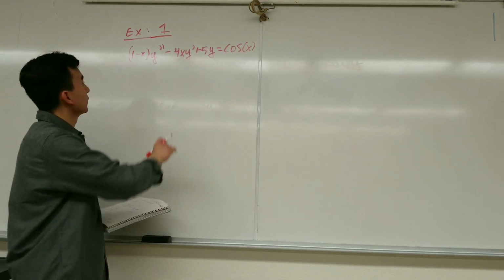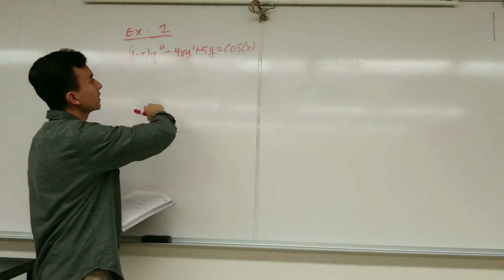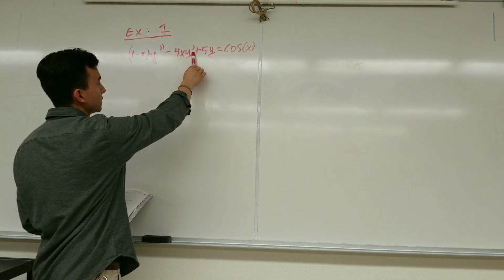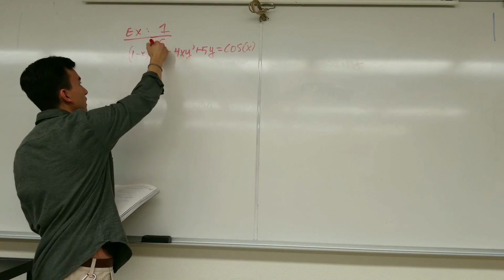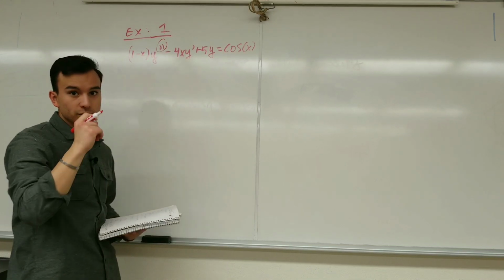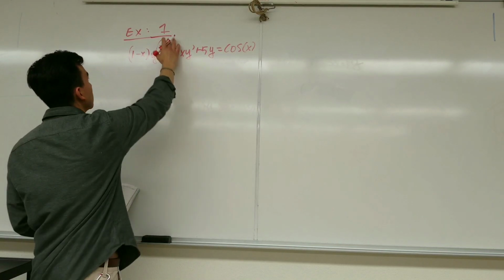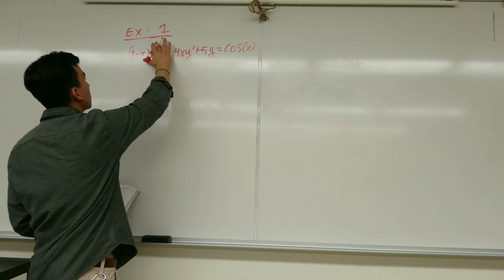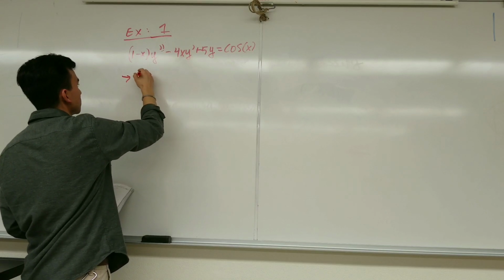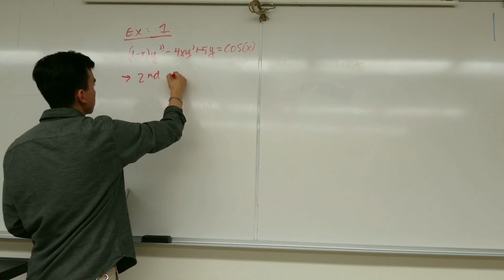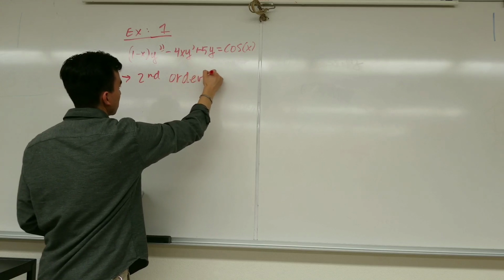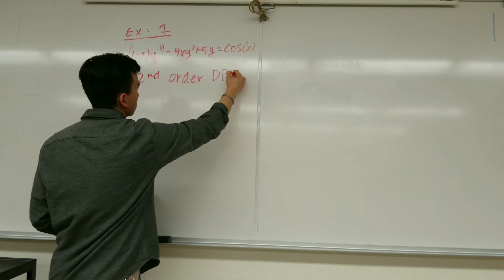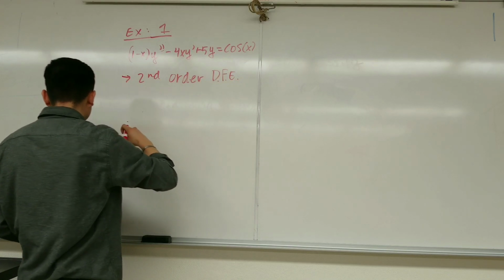So if we look at this, we want to look at the highest order. So it's definitely not the first one. It's going to be the second one, second order, because of the double prime. So we could say that this is second order. Right?